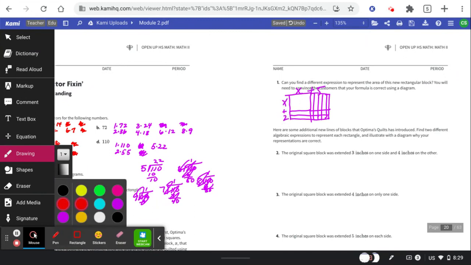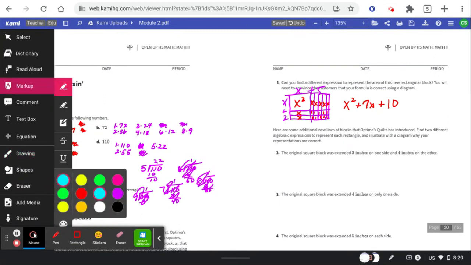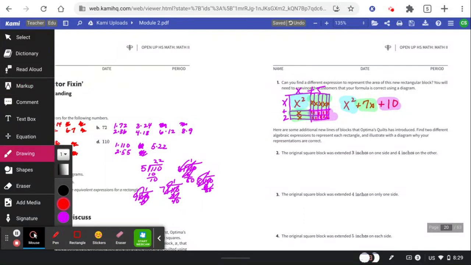This side is extended by 2. 1, 2, 3, 4, 5, 6, 7 x's. And then the little individuals. So we get x squared plus 7x plus 10 little squares. And you would represent this by showing the customer that there's the x squared, there's the 7 x's, and there's the plus 10 little constants at the end.